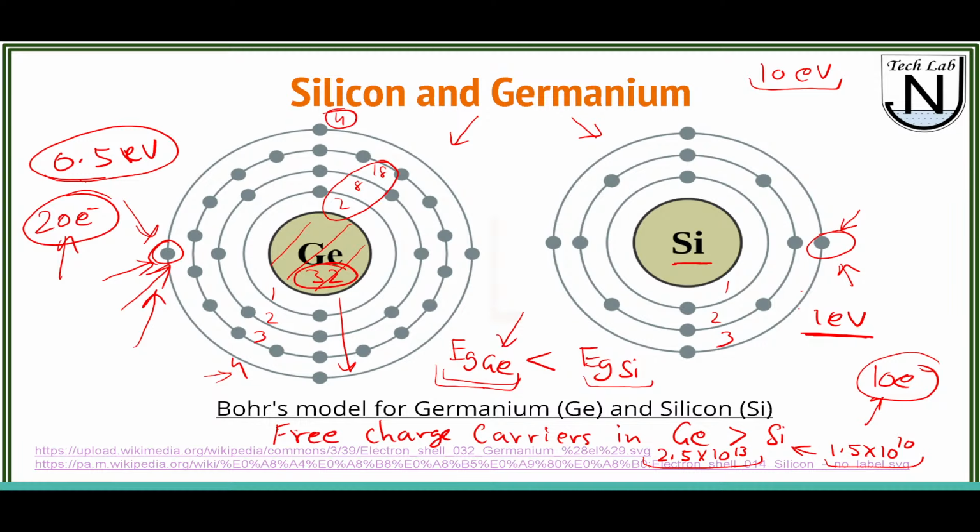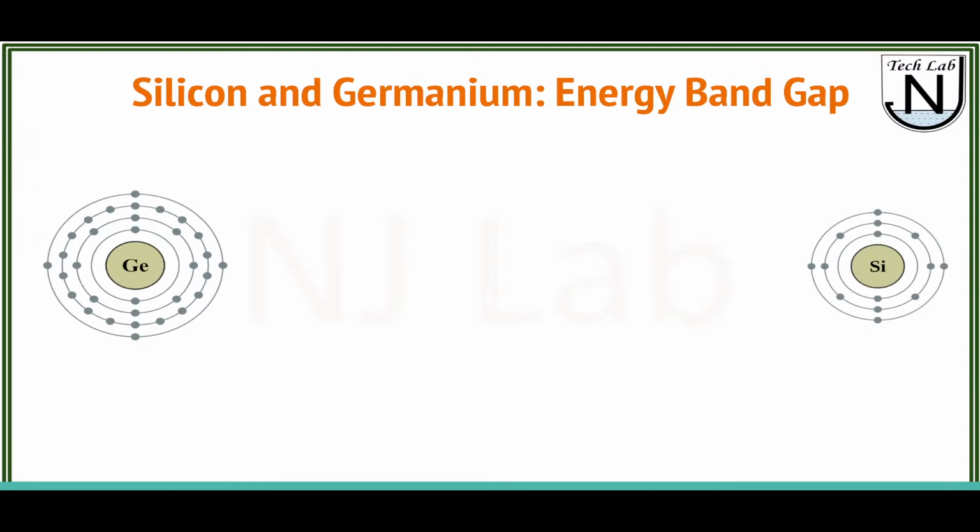Apart from these free charge carriers, one more thing to discuss is conductivity. Now we know that in a metal, when the temperature is increased, resistance increases, right?